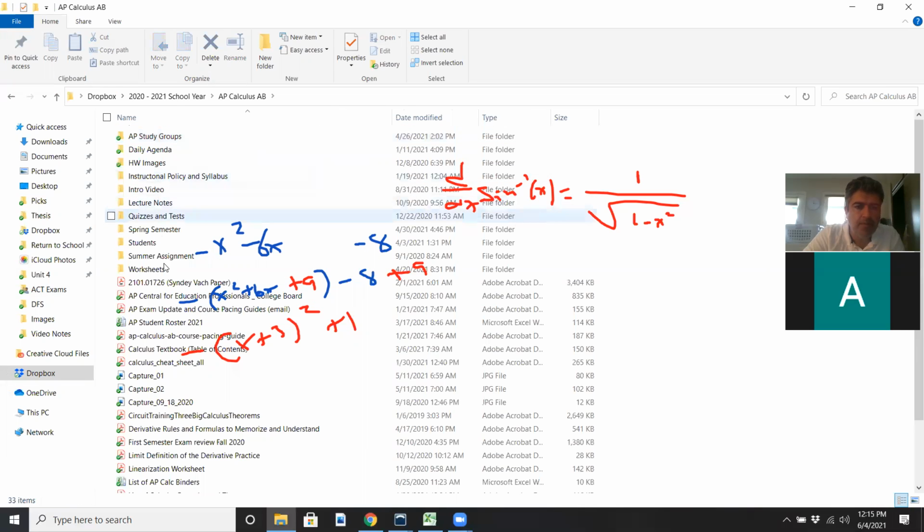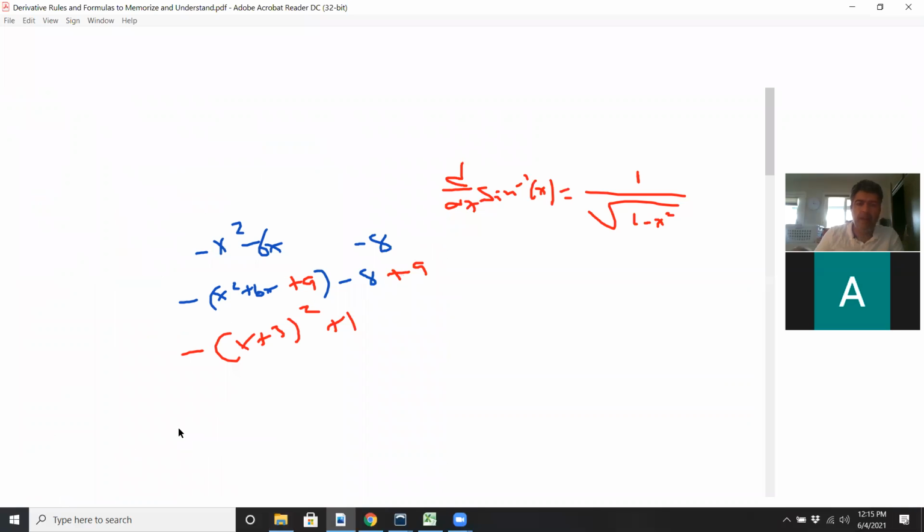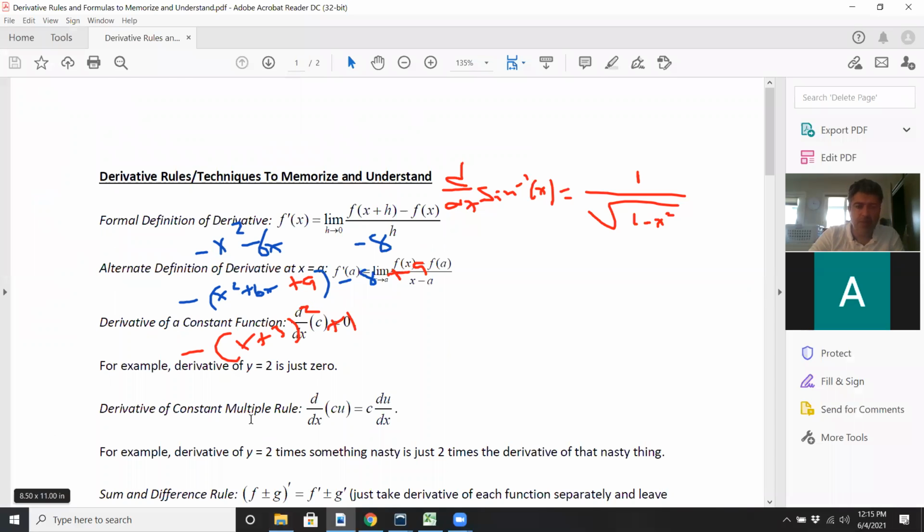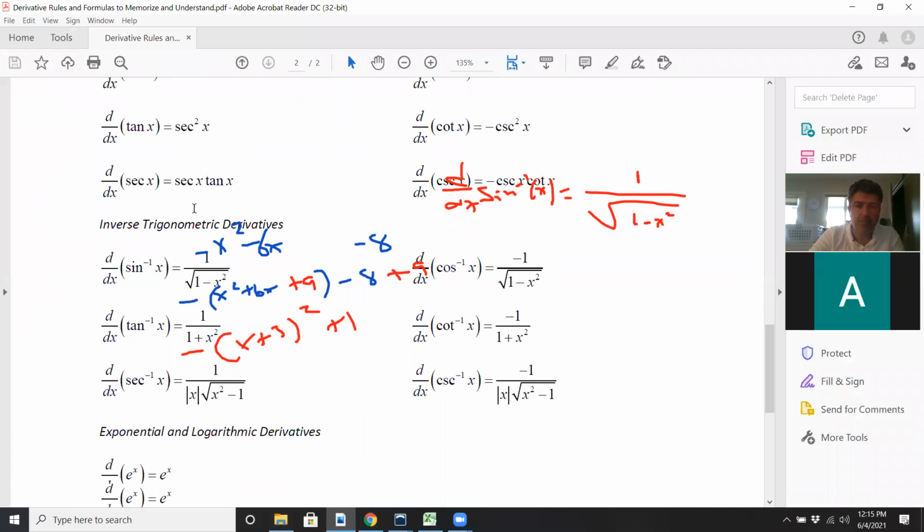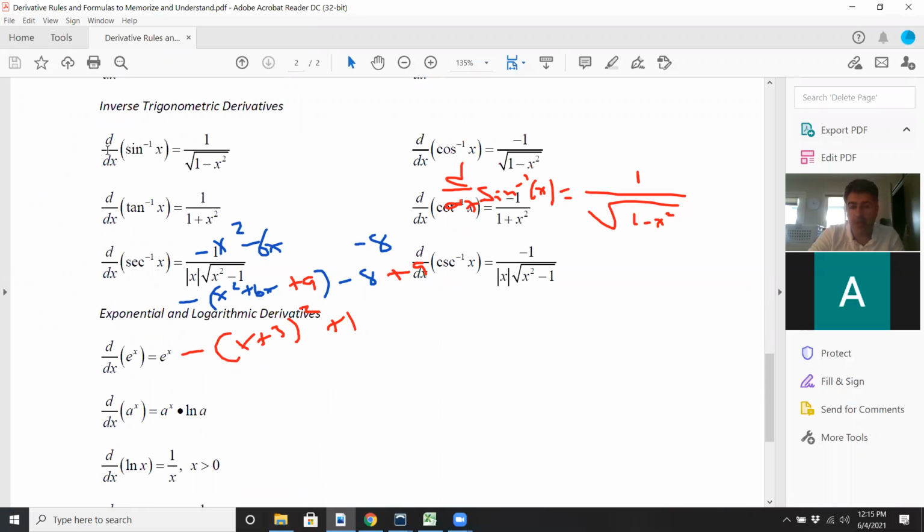There we go. And you can access this in Schoology. If you skip to the second page, yeah, there we go. Derivative of inverse sine is 1 over root 1 minus x squared.